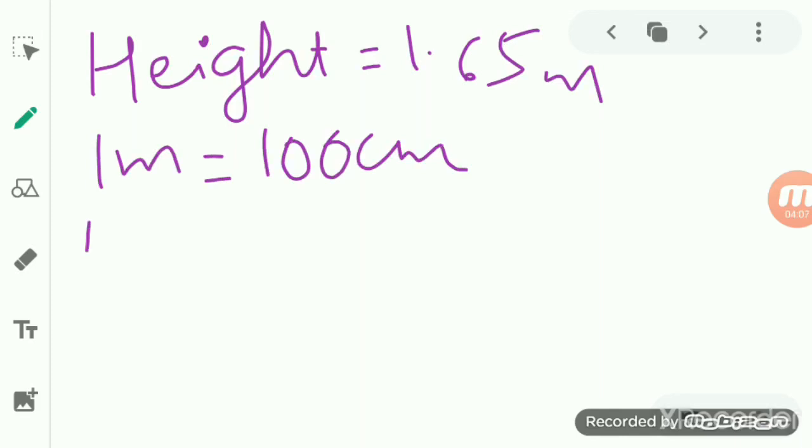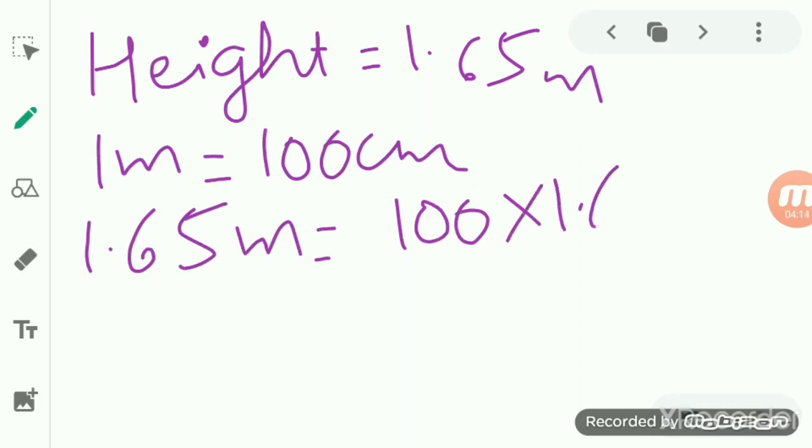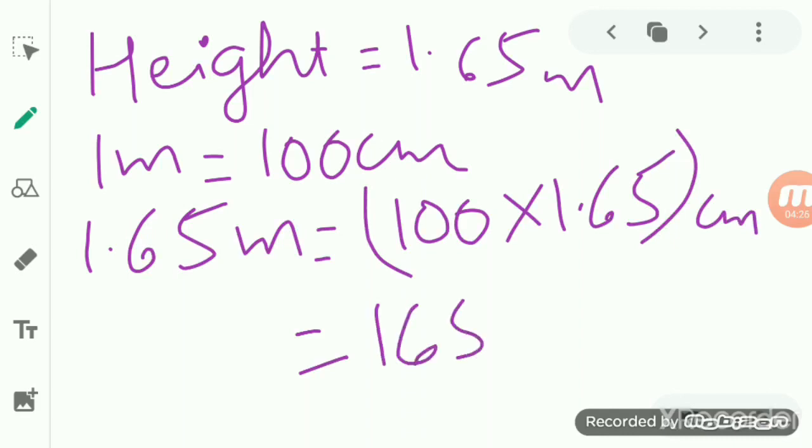So 1.65 meter is equal to 100 into 1.65, okay, centimeter. So 100 into 1.65 will be 165 centimeter. Okay. How did it come, student?